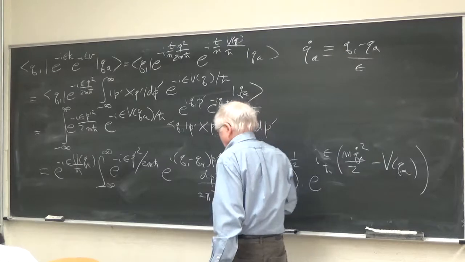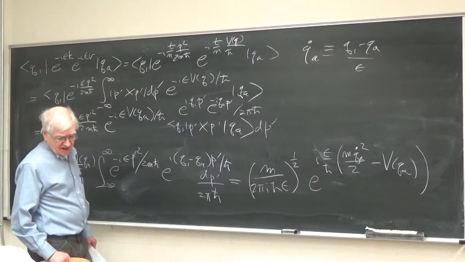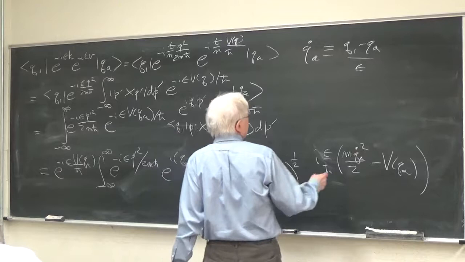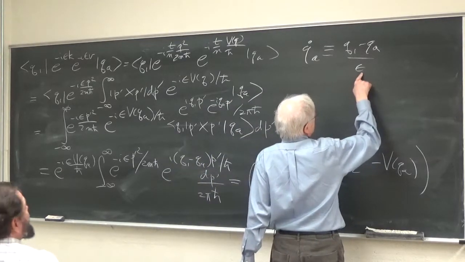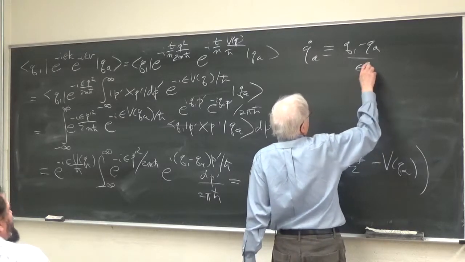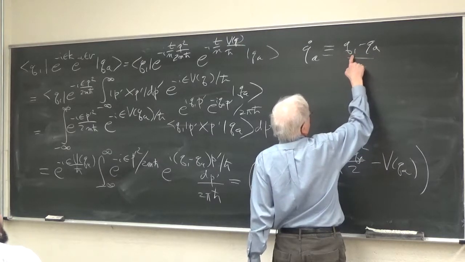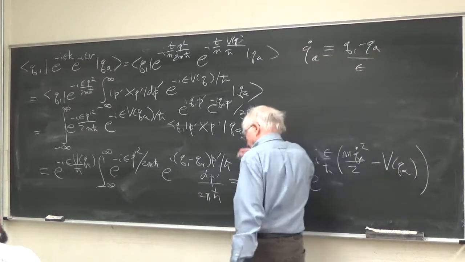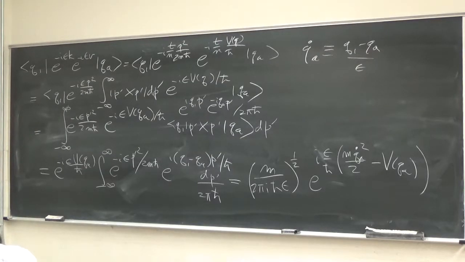And in a sense, you can think of a small epsilon being a small amount of time, which it is, it's t over n, and the next point is q1 minus qa, that's dq over dt, and that's why it's reasonable to call that qa dot.